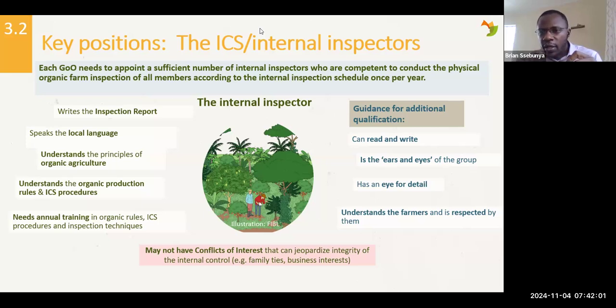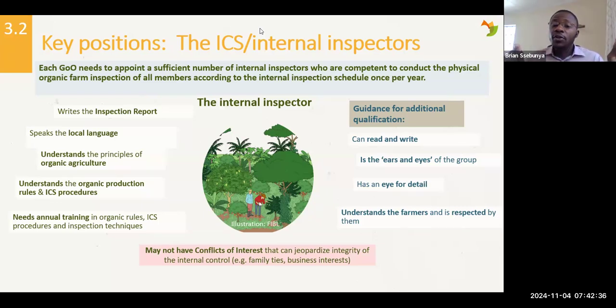The competence of the internal inspector is what we are going to discuss below, but it is the responsibility of the ICS manager to determine that whoever they are selecting or appointing as the internal or ICS inspector has that competence to conduct the physical organic inspection of all farmers according to the internal inspection schedule, which the ICS manager actually draws up. But this schedule should make sure that this is done at least once per year.